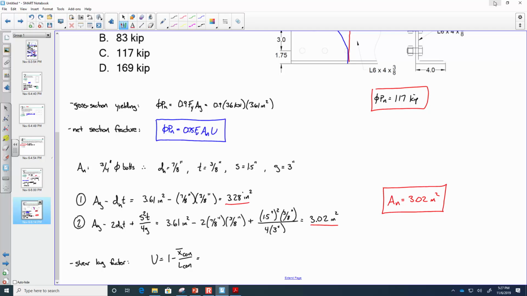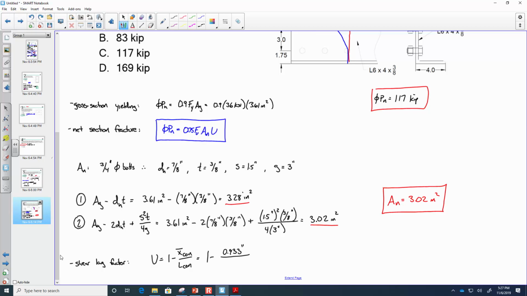The connection eccentricity is the distance from the connected face to the centroid of the member. And usually for angles, you had to figure that out. It was either x bar or y bar, dependent upon which leg was connected. For this problem, they just gave it to us. So it's just 1 minus, and then the fraction is, what was it? 0.933.